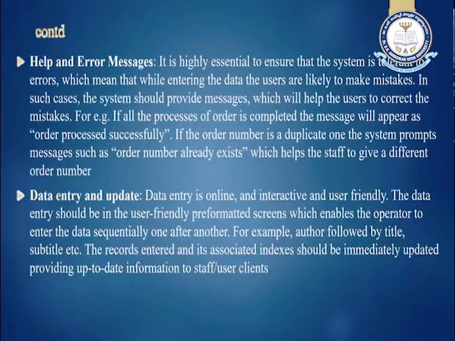If the order number is a duplicate, already supplied one, the message will appear as order number already exists. This guides the staff member to give a different order number and correct themselves. So it not only helps you to do the work soon, it also helps you to correct your mistakes. This is an important feature.